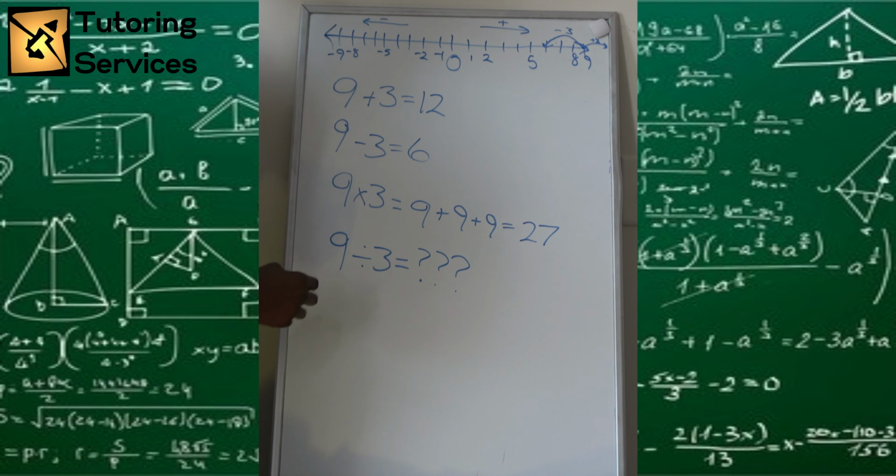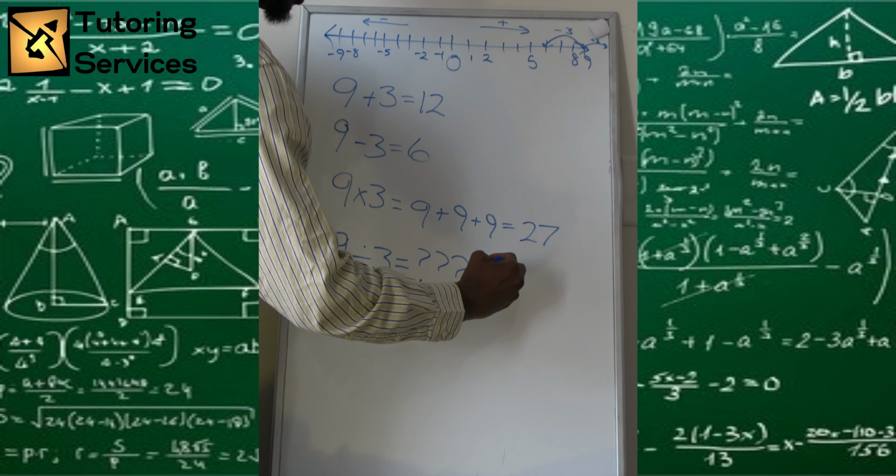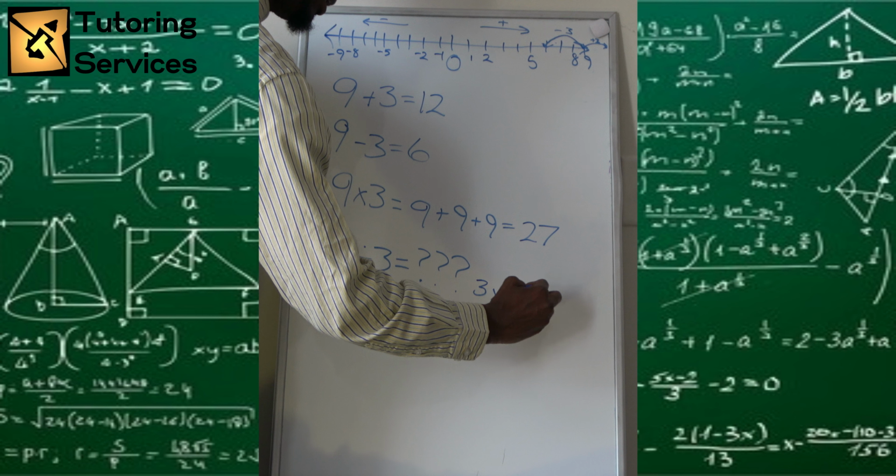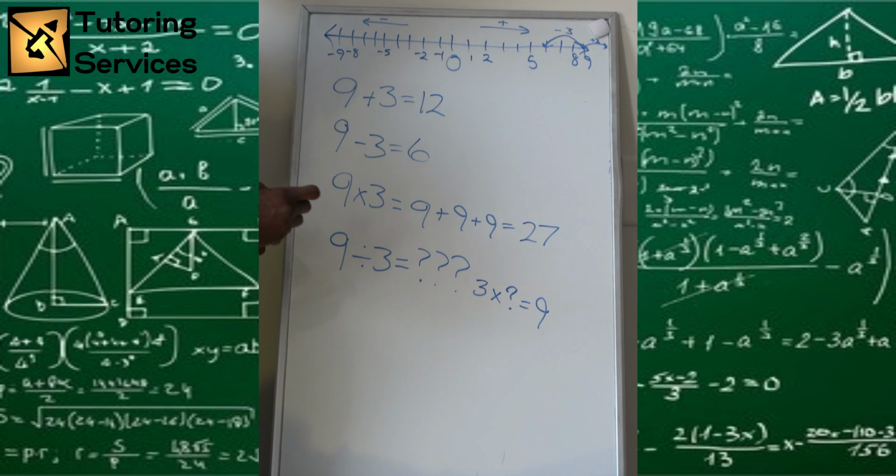How many times can you multiply 3 for you to get to 9? Essentially, 3 times what number equals 9? That is division right there. That's what you're trying to find out.